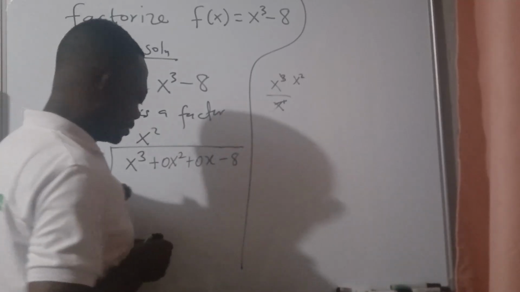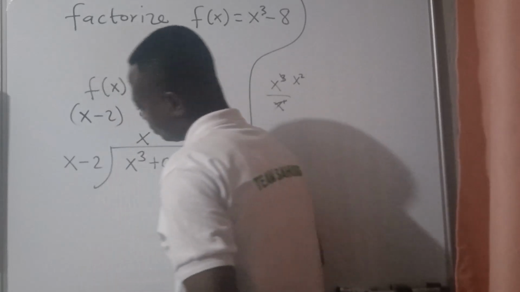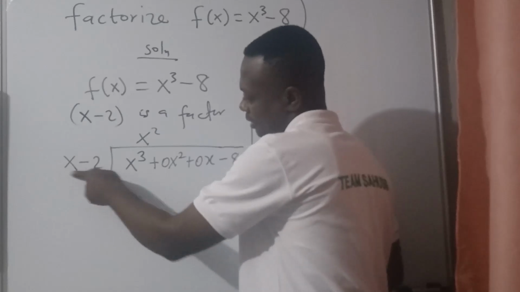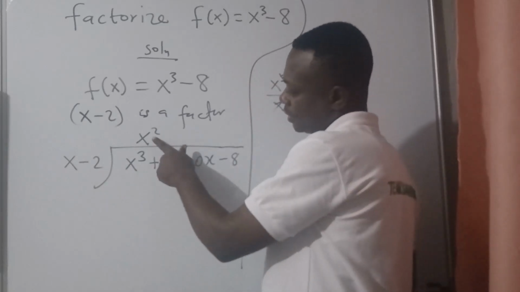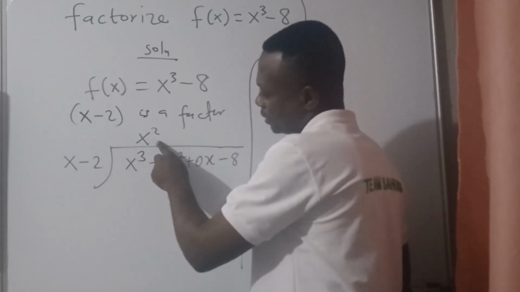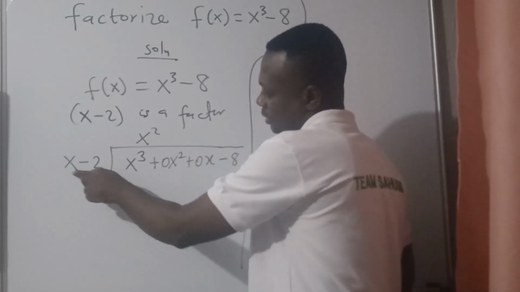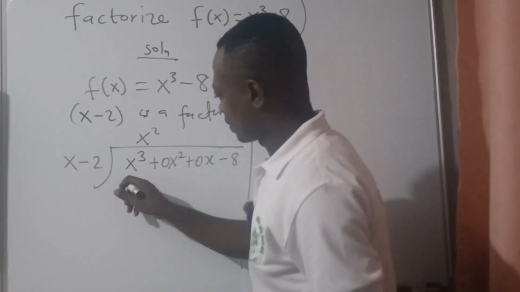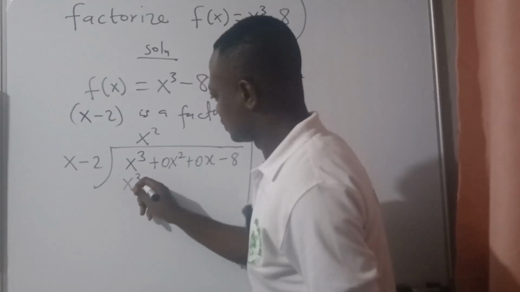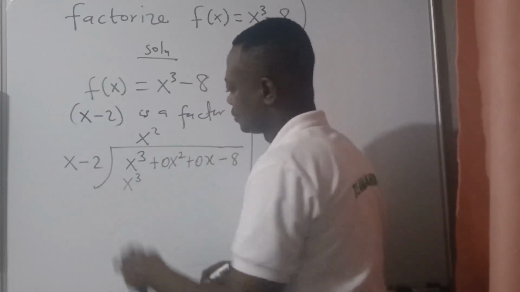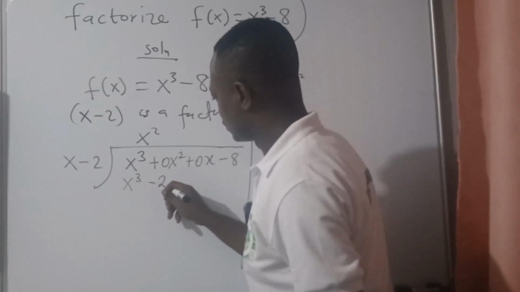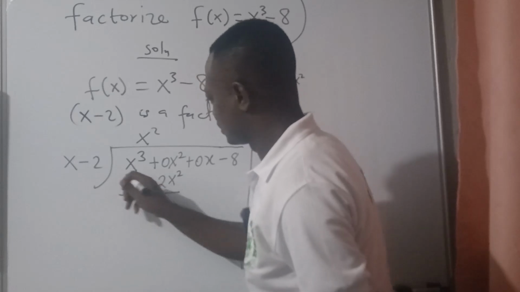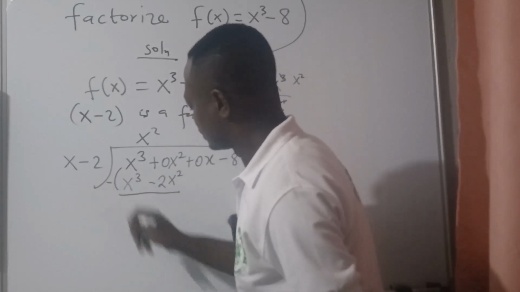Whatever we put here must be multiplied by everything in the divisor. So x squared times x will be x cubed down here. x squared times minus 2 will be minus 2x squared. Perfect. So we are going to subtract.